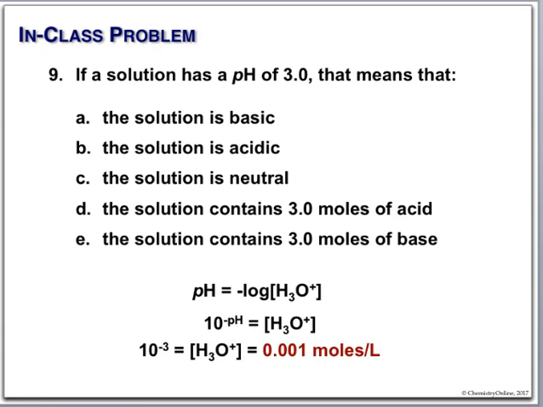Remember, anything that has more hydronium than 10 to the minus 7 is acidic. 10 to the minus 7 is neutral. Anything that has more than that is going to be acidic. Now you can also just remember this simple fact.